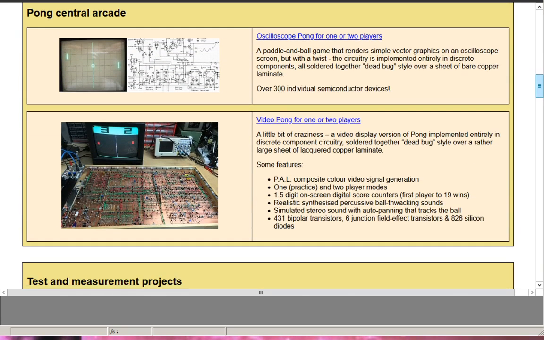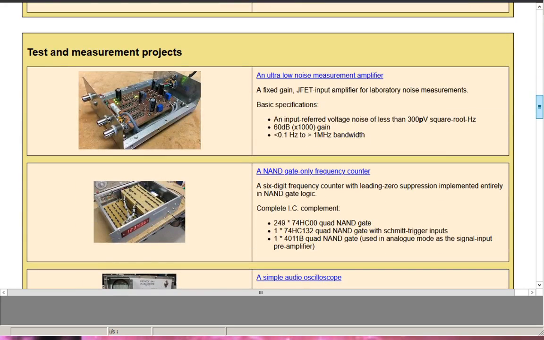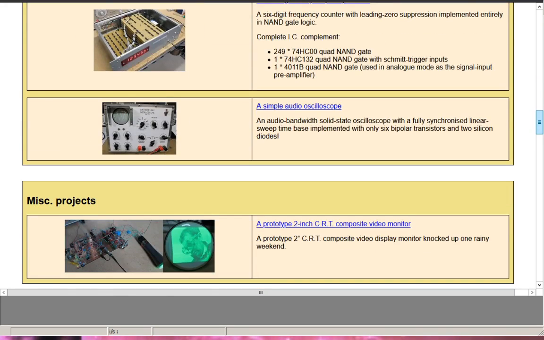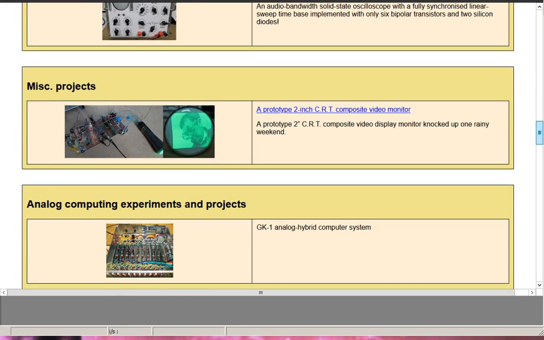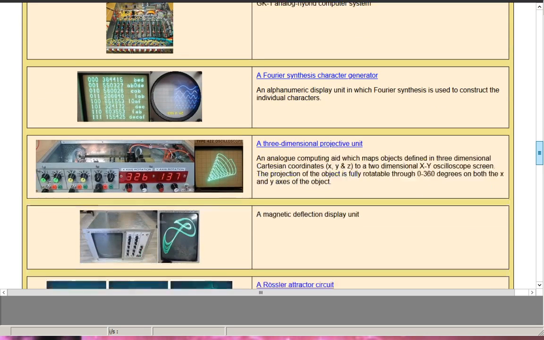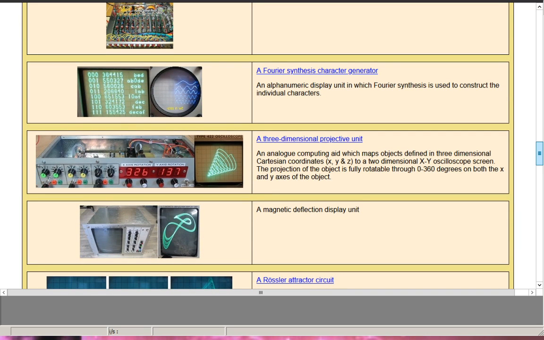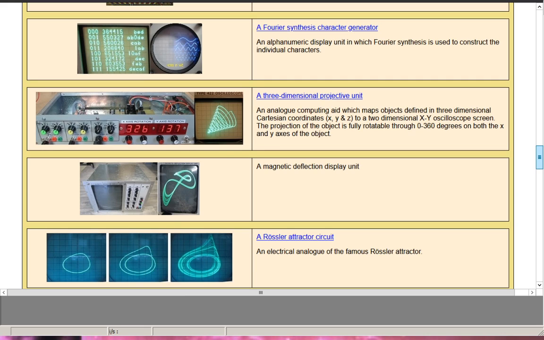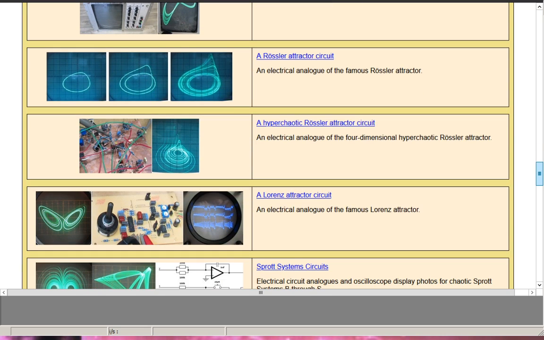Holy God. Hyperchaotic Rössler attractor circuit.